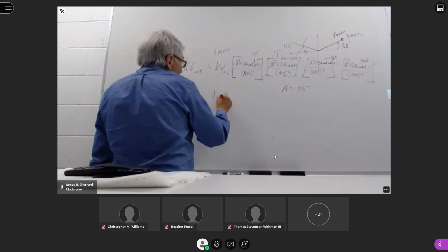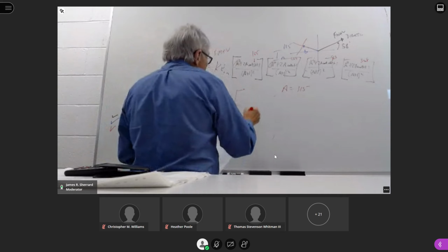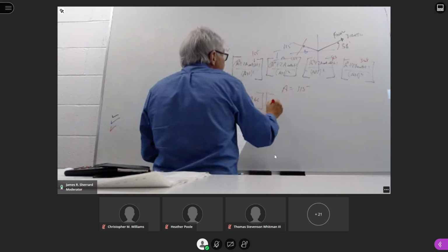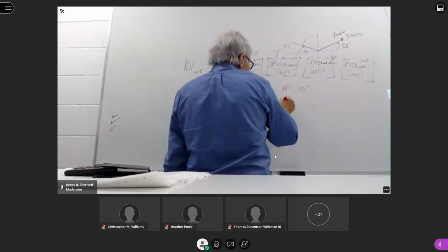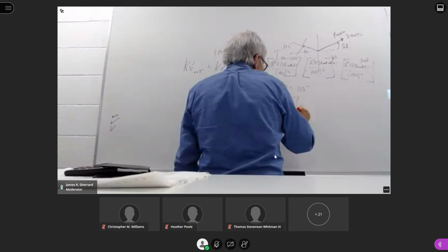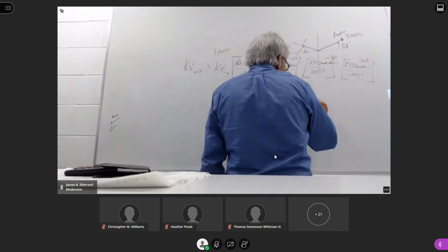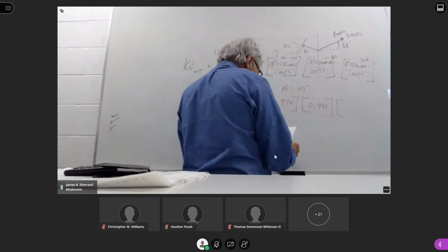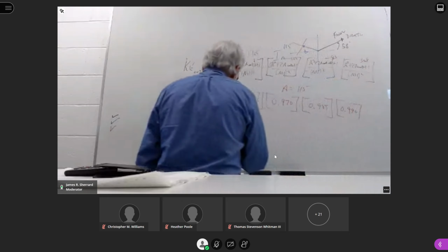So the value I got was 1 MeV, and I had this reduced to 0.966. Had this one reduced to 0.970. Third one reduced to 0.985. And then the final one reduced to 0.990.